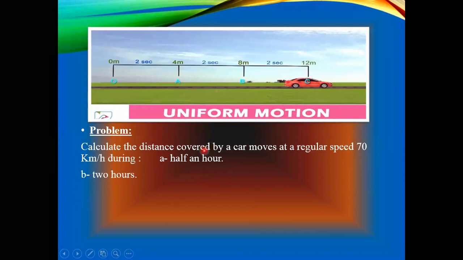Okay? Now calculate the distance covered by a car moving at regular speed of 70 km per hour during half an hour. So I write distance with a question mark. That's what I want.